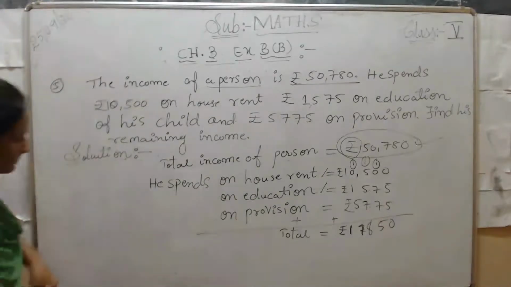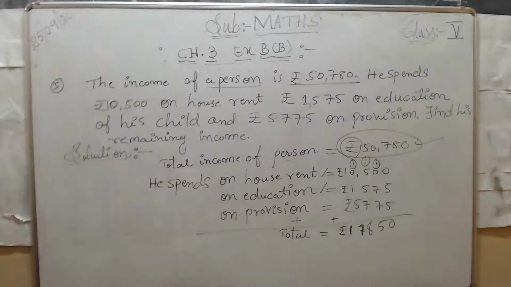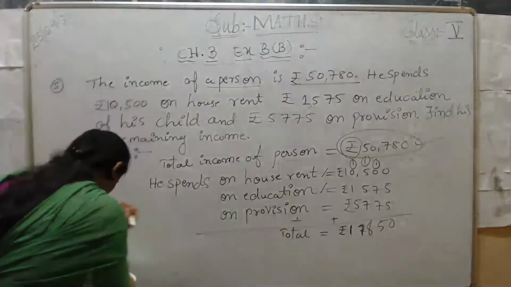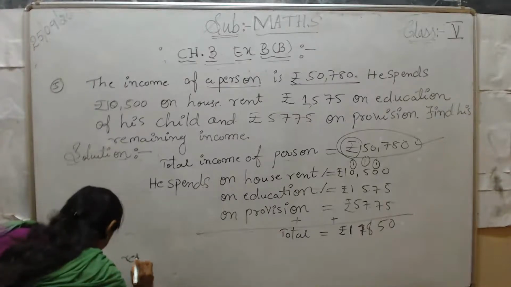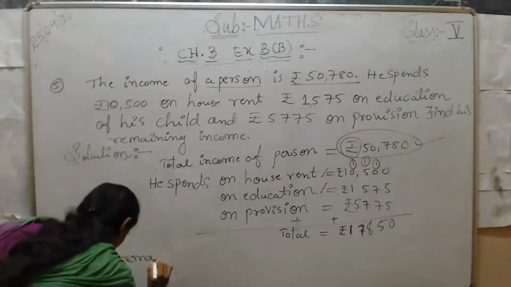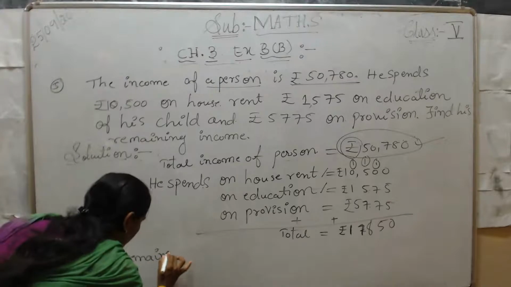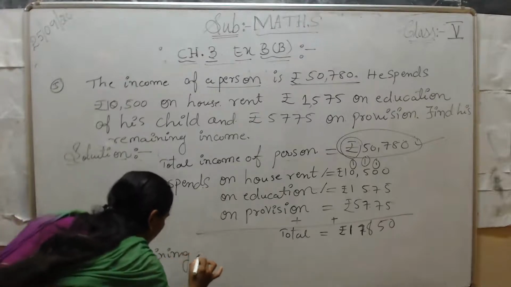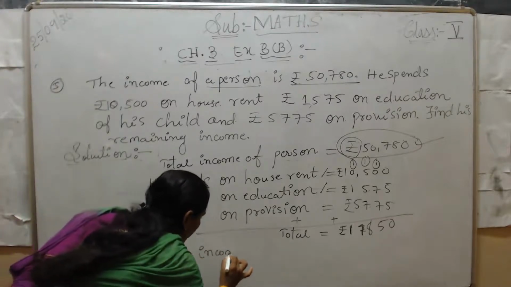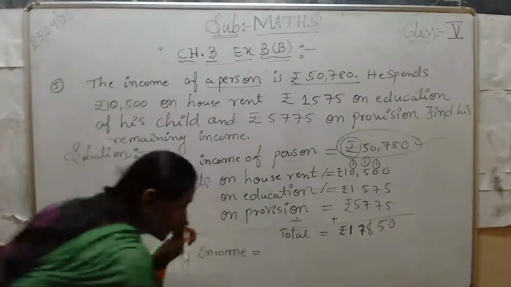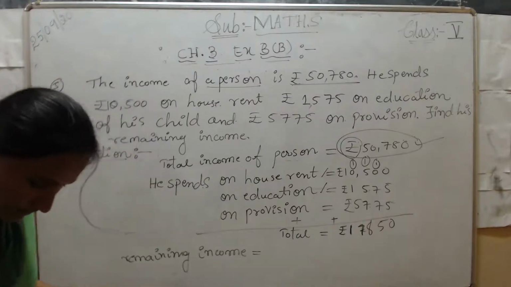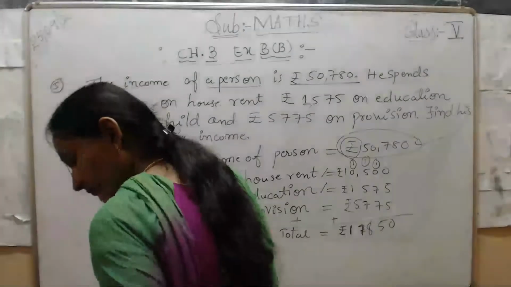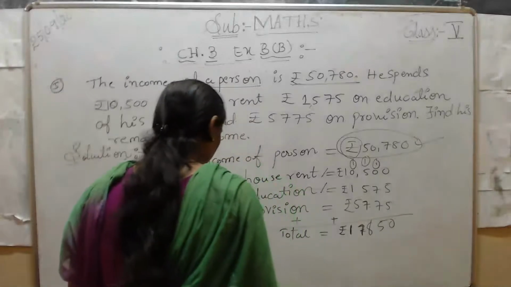The remaining income. Remaining income is equal to the total income minus the total spend amount.